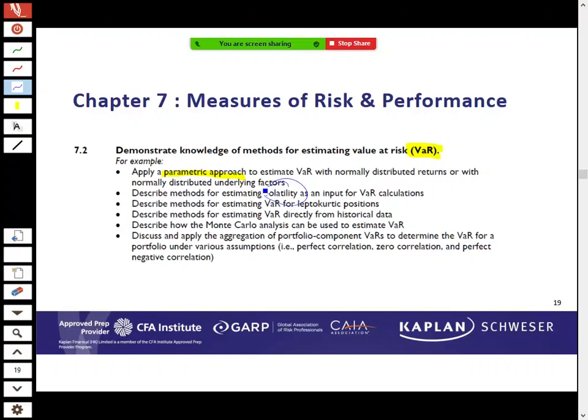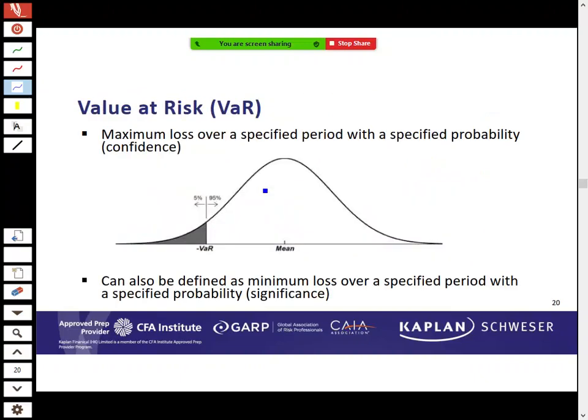With these requirements, during the classroom we discuss VaR. We want to look at VaR and understand what it is. Here you say it's the maximum loss over a specified period with a specified probability. For those of you who have no background at all in statistics, maybe you need to spend a little more time on this.